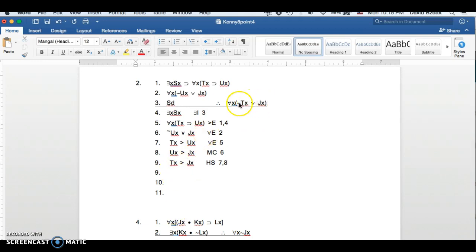Now we do one more MC to make it look like that. So that gives us not Tx or Jx, MC of 9. And then our last step we can do the universal introduction, sorry. So that's universal introduction of 10.